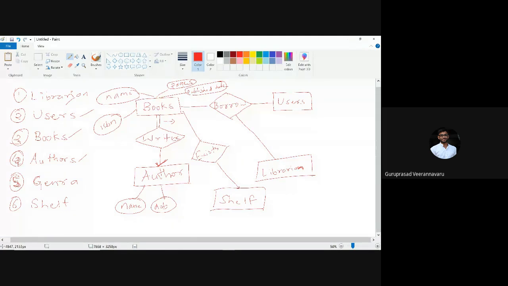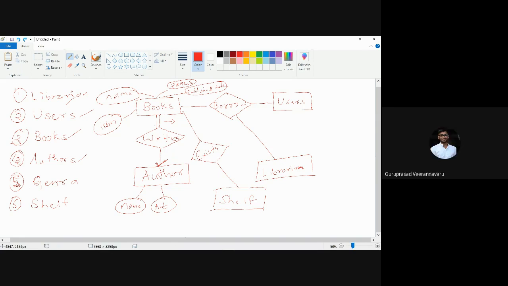But then what kind of condition will be put here? Which book exists on which shelf? One book cannot exist on different shelves. Can the librarian order the shelf to take a book?